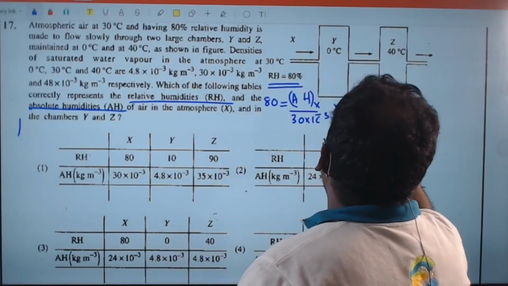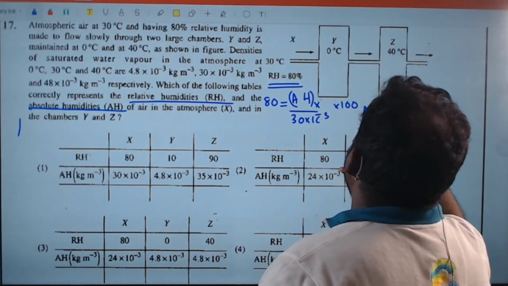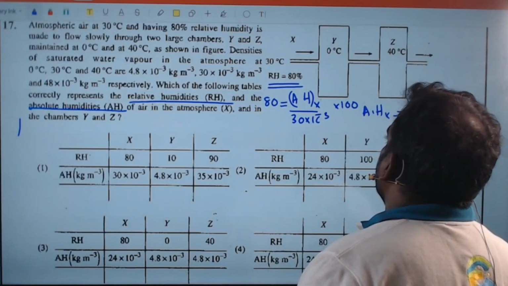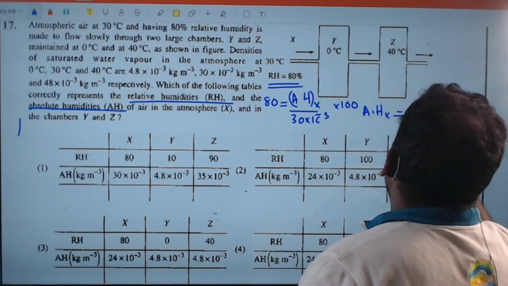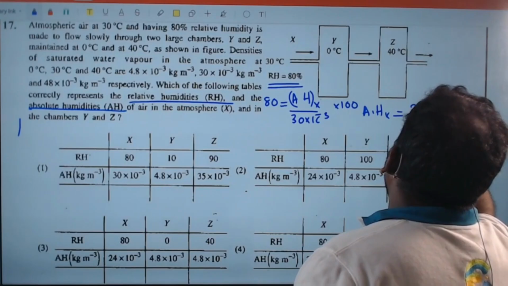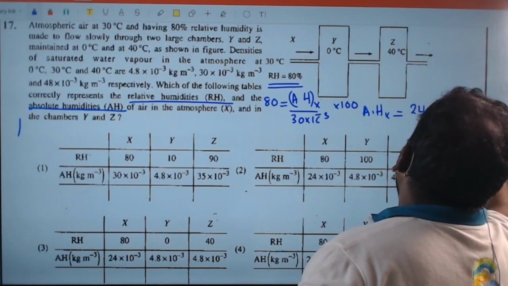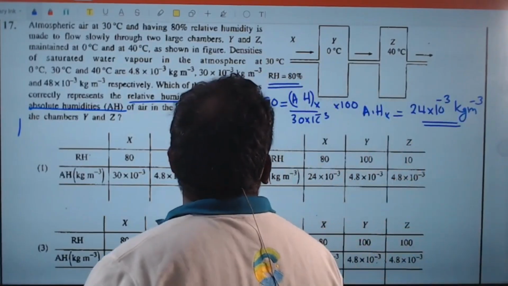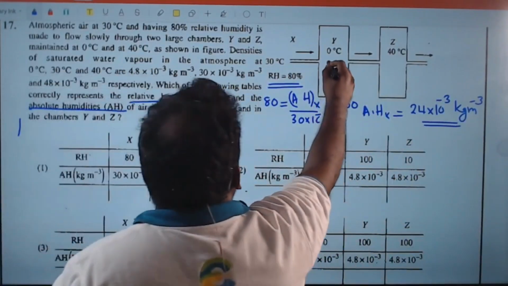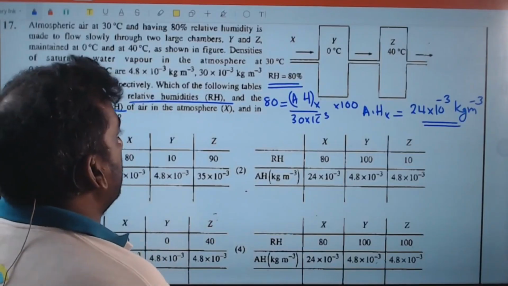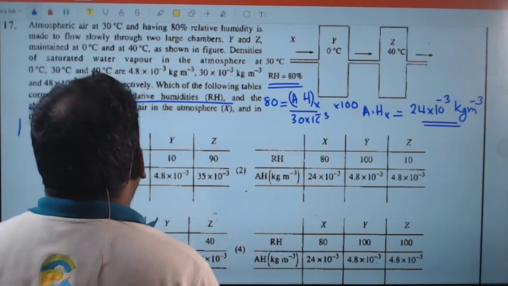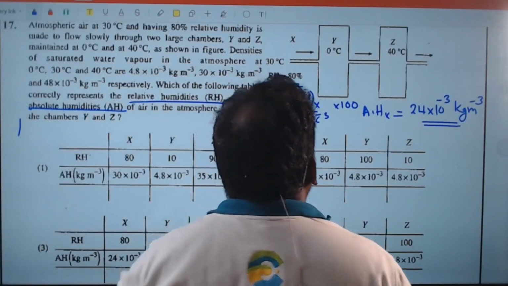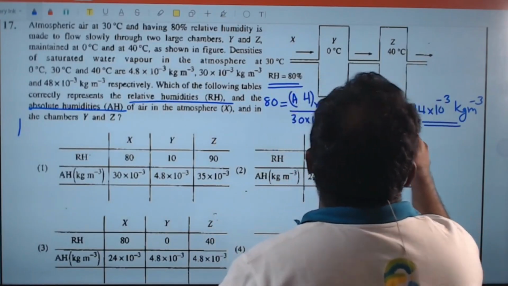Absolute humidity at X is going to be how much? 24 × 10⁻³ kilogram per meter cube. Now this enters here. What is the relative humidity there?